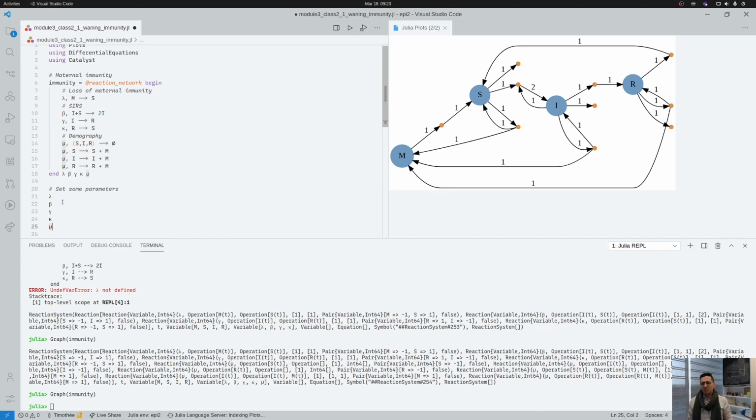These parameters are not necessarily easy to think about, but what we can say is, how long do we expect it to take on average for a specific process to happen? So let's start with the loss of maternal immunity. We can say that the duration of maternal immunity is going to be 6 months, and so the rate at which it decays is going to be 1/6.